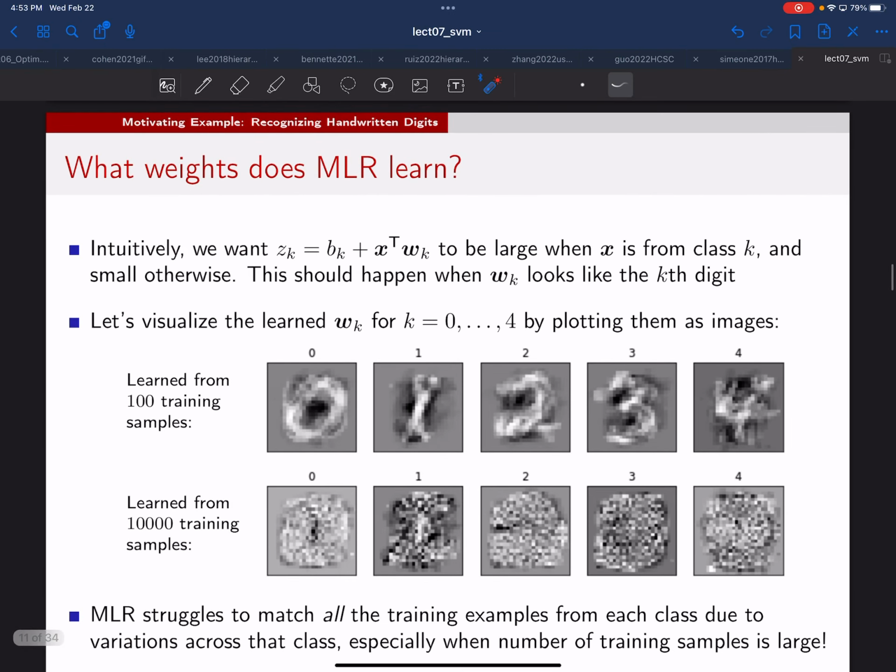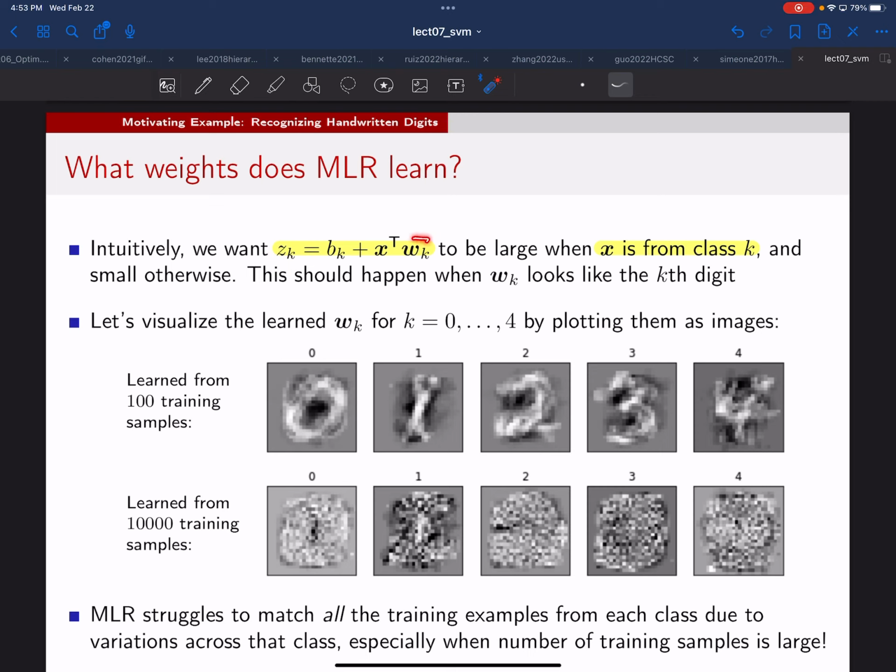So in order to visualize what's going on, let's think about it this way. If X really is in class K, we want the score Z_K to be really large, right? We want it to be the largest. And so how do you get a large score Z_K? It's really all about this term.